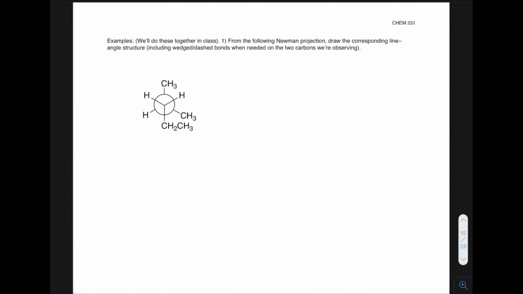So we have a couple examples here that we'll do together in class. I didn't want to do it here because I think it would be better practice for us to do it together, okay? So the first one here is, from the following Newman projection, draw the corresponding line angle structure, using wedge and dash bonds as we've been doing before. So take this and convert it to a line angle formula.